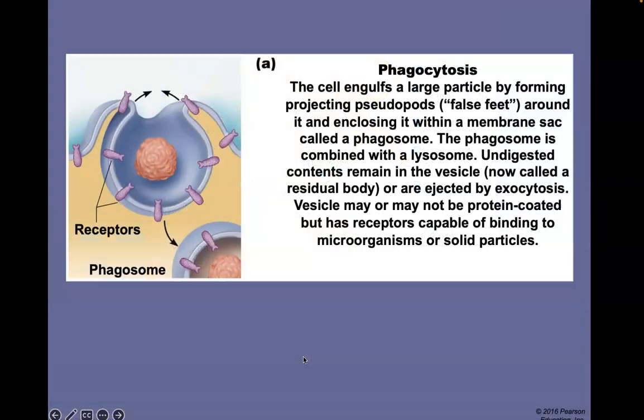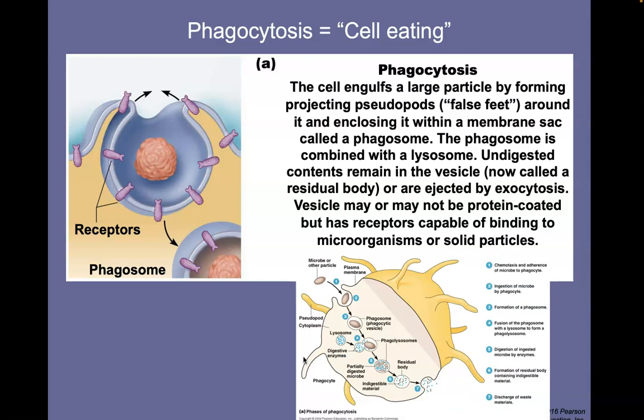That's not as important as the phagosome, because you will hear us use the term phagosome later on in the semester, especially when you get to the immune system. So a phagosome is just when a cell engulfs a large particle, or it can be a pathogen or a microbe, and you pinch off a bit of the membrane and trap it. Now it's in a membrane-bound sac that we call a phagosome, okay?